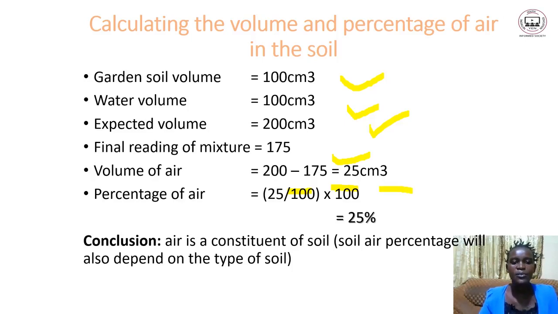Therefore, the percentage of air will be 25, which is the volume of air, divided by 100, that is the volume of soil, times 100. So this will give us 25%.